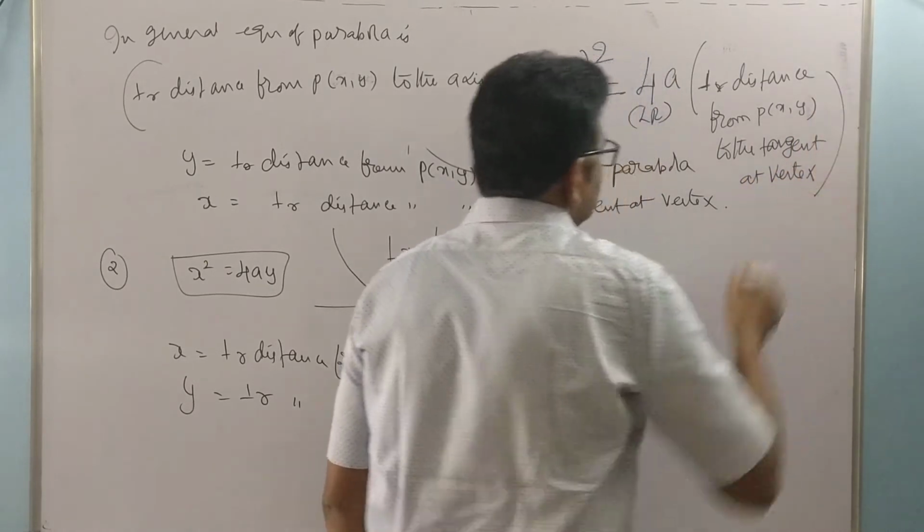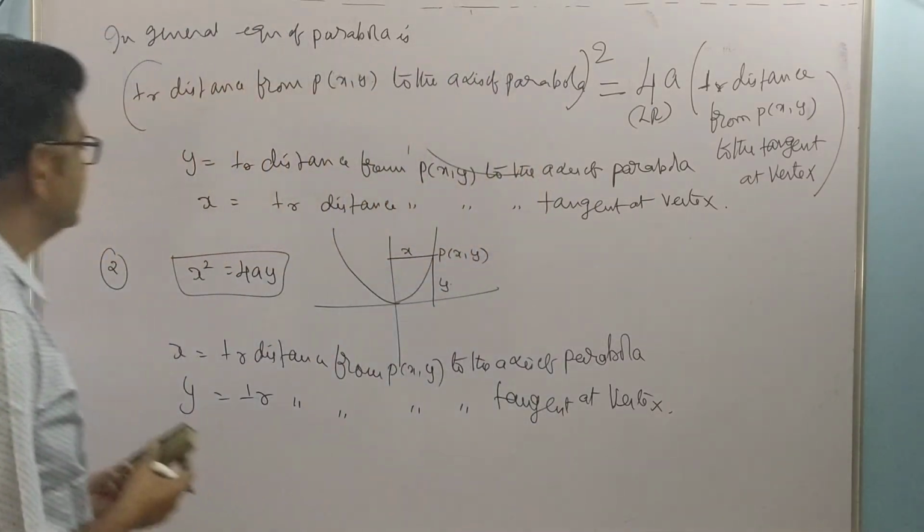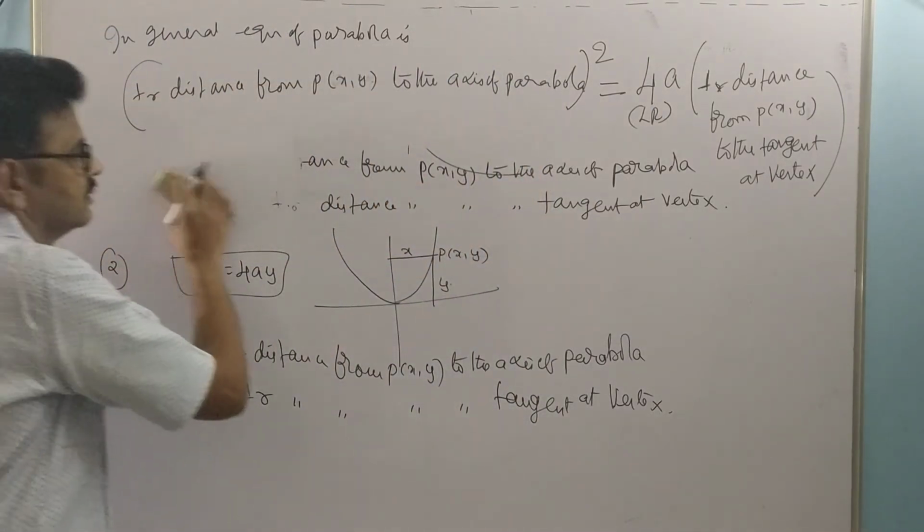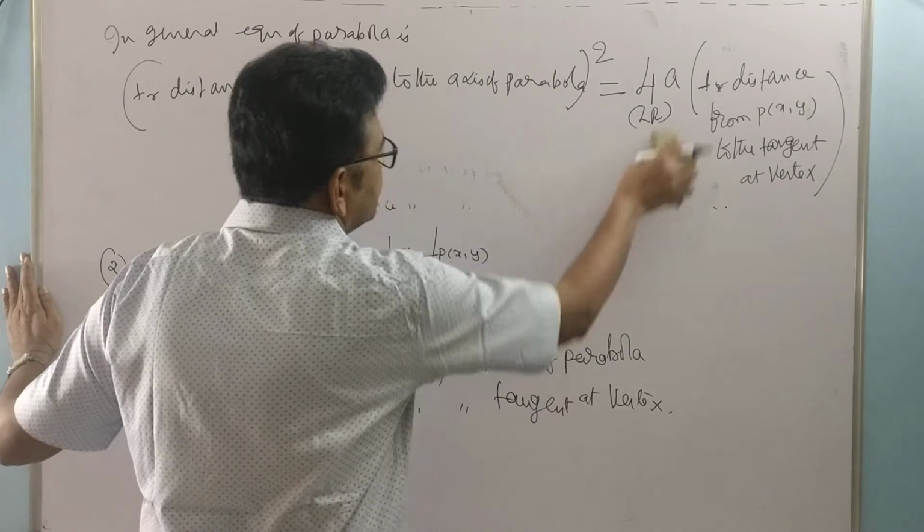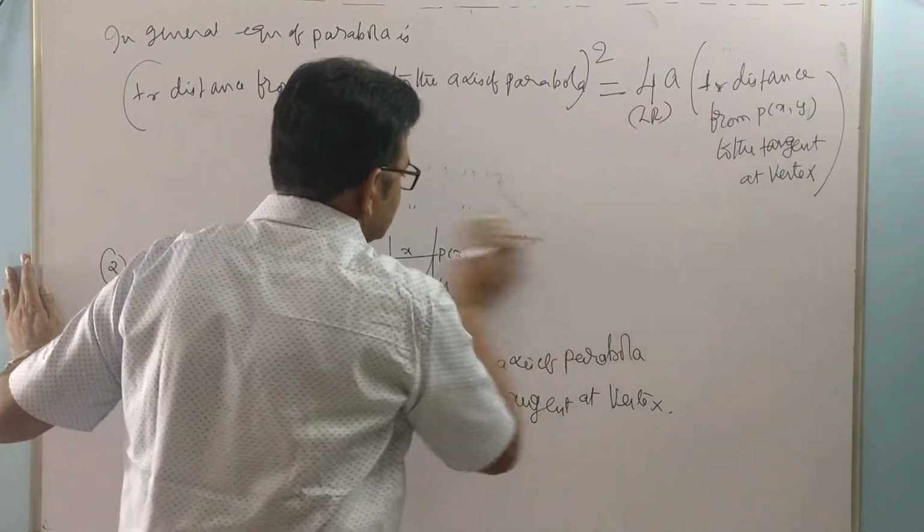So this is the equation of parabola in any case. So 4a means latus rectum.